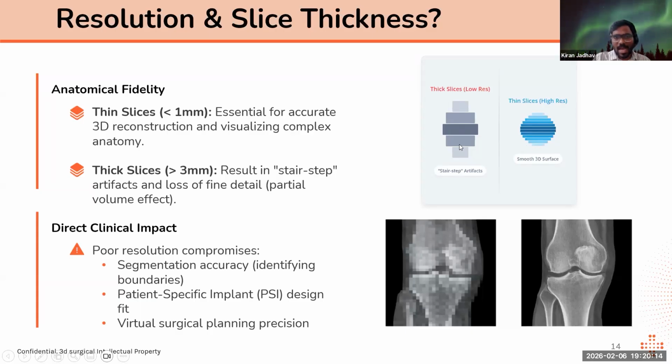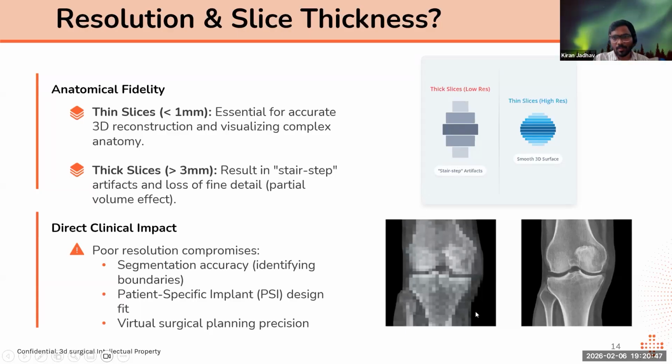But if the slice thickness is more than 3 mm, 4 mm or 5 mm, it will have this stair-like effect. If we wanted to cover this as a 3D model, it will have the staircase-like effect, and it will not be accurate, and it will not be useful for surgical planning. So that is how this particular information is useful while capturing the image itself.